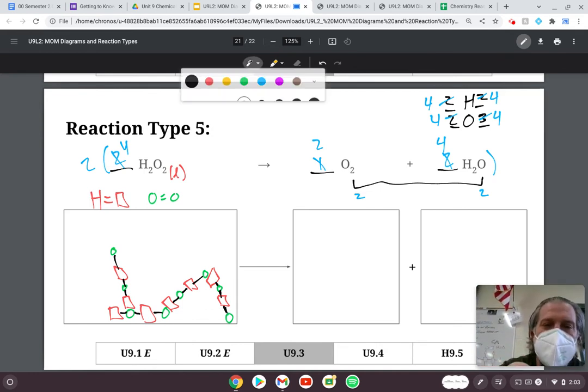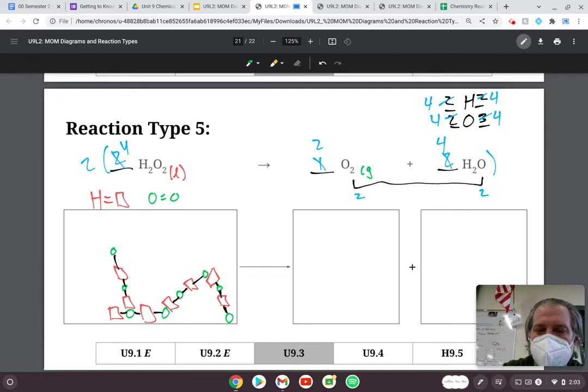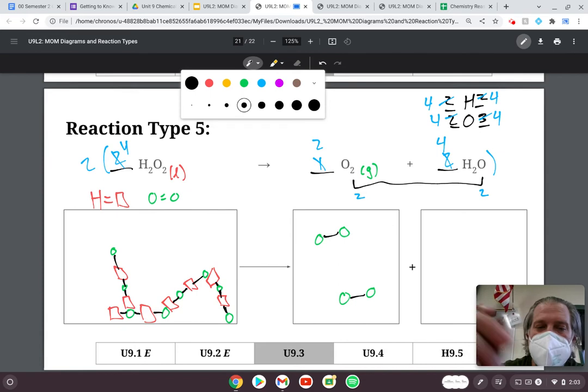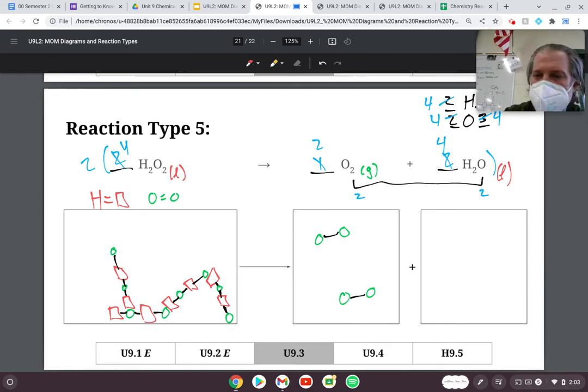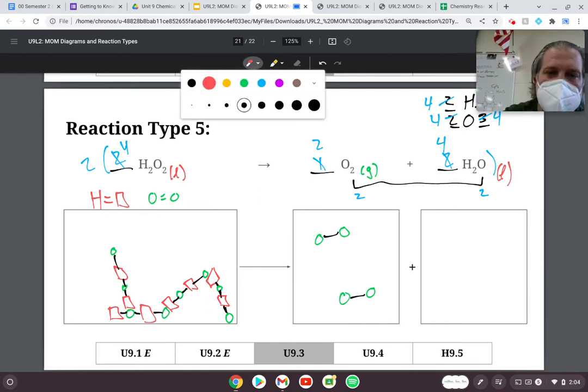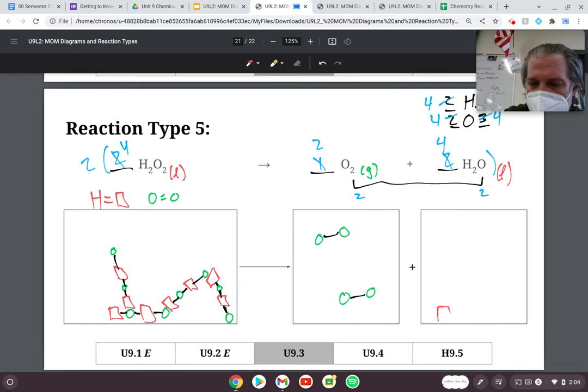We've already said that oxygen in this instance is clearly a gas because it makes bubbles. So I'm going to draw that real quick once and make sure that they're connected. And then the water I mentioned was going to be a liquid. So we'll draw that again, just like the other ones. And so in this case, I've got H2O. So I'm going to do this.